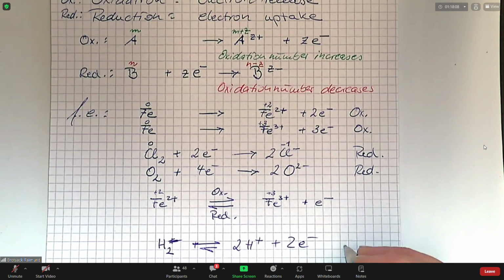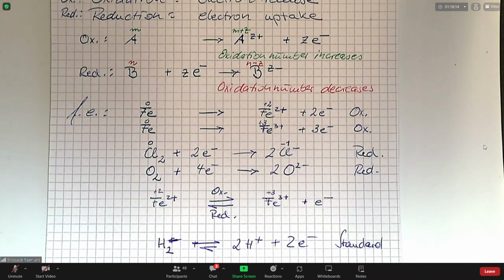And this is the standard. And we can compare to this standard. We never know the absolute value of the power. We can't measure it. But what we can measure is this: we compare it with the iron system, and then we have a difference. And the difference we can measure.